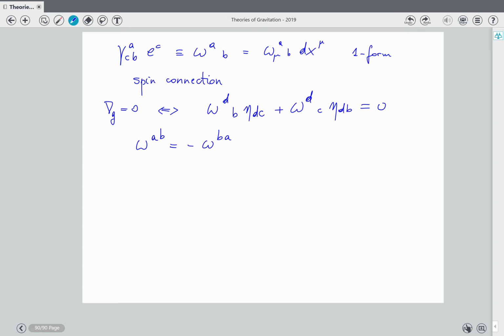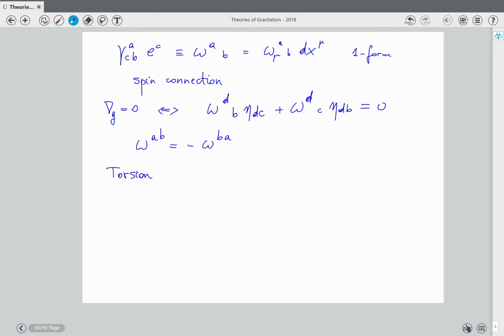For the moment, let's work locally. So the same way as we work locally with the indices mu, nu, rho, etc., we work locally with those indices. We know how to change coordinates in space-time indices. We will see how to do that with those flat indices on Monday, very probably.